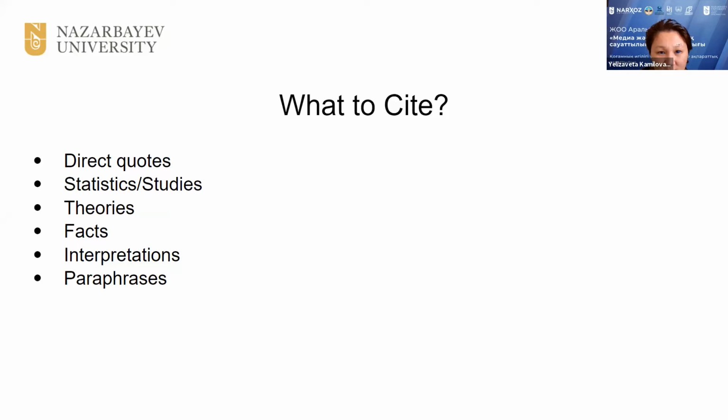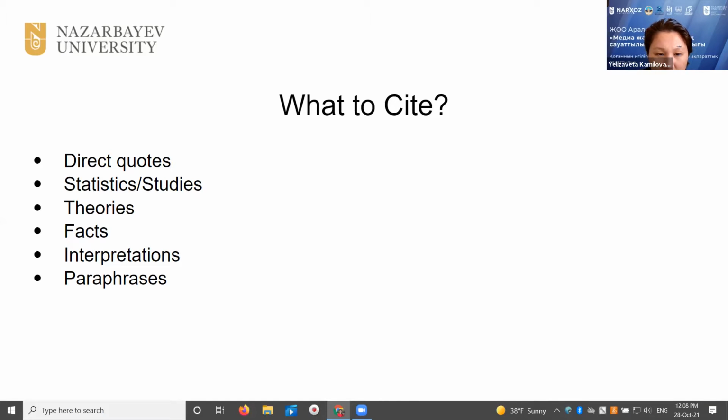There is an exception, which stands for common knowledge. So I hope you know what common knowledge is. Can someone give an example of what is common knowledge? Okay, facts, yes. The sky is blue, yes, brilliant example.